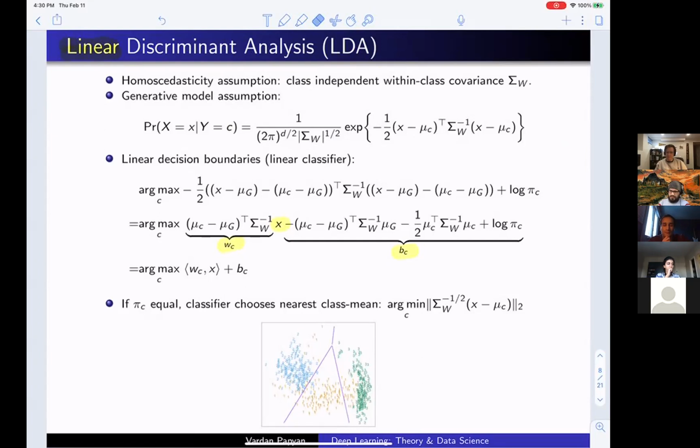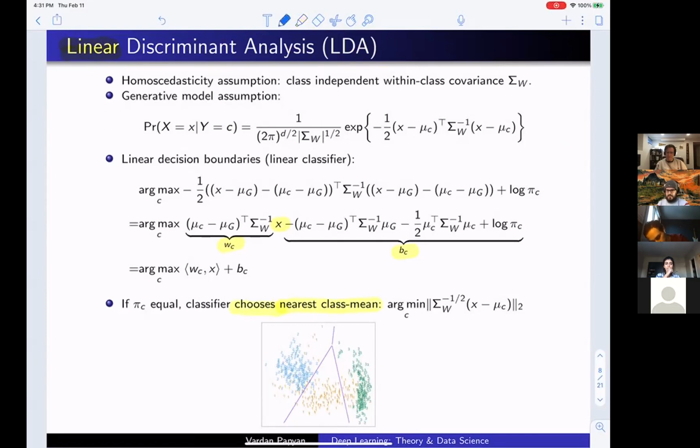Now, notice that if you look at this quantity, and if pi c are equal, so if the probabilities of all classes are equal, the classifier decision is equivalent to choosing the nearest class center. What does that mean?